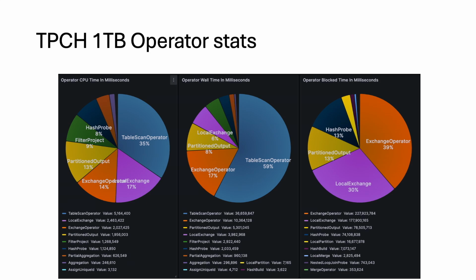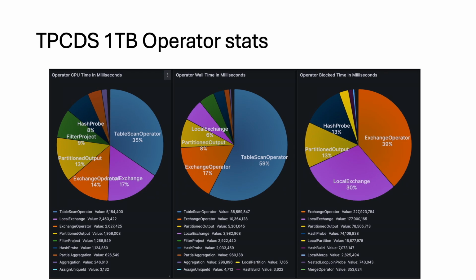In this benchmark, you're supposed to see some big aggregations, but this shuffle cost is too high. And TPC-DS shows some similar numbers.